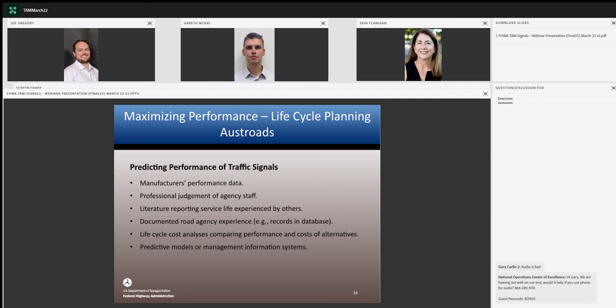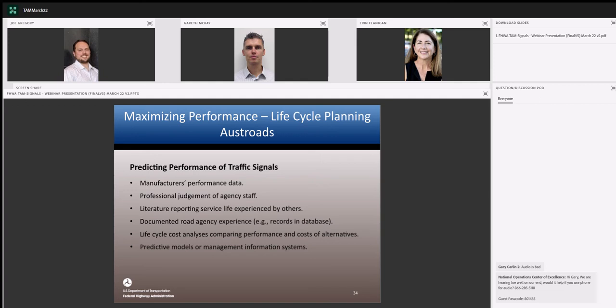A couple of slides here on an example from Australia by Austroads. There's a couple of useful Austroads manuals that look at how they operate and manage their traffic signals and ITS assets. There's a range here of different methods that are considered and used in terms of predicting performance of traffic signals. So a lot of people use manufacturers' performance data. The second bullet point is about those that use and manage these assets day in, day out, and their experience and knowledge of them.